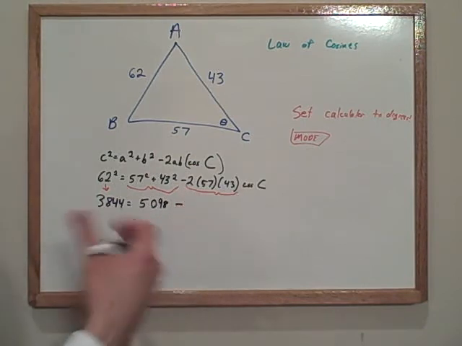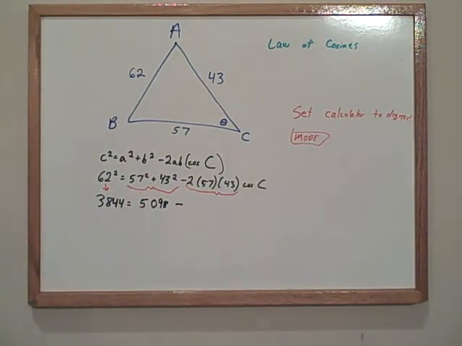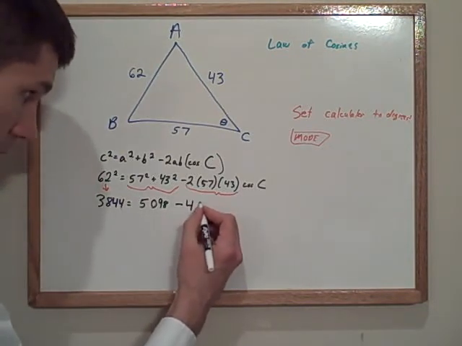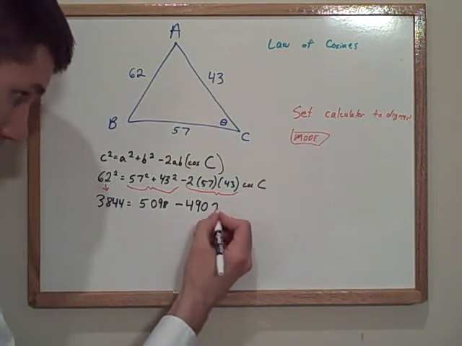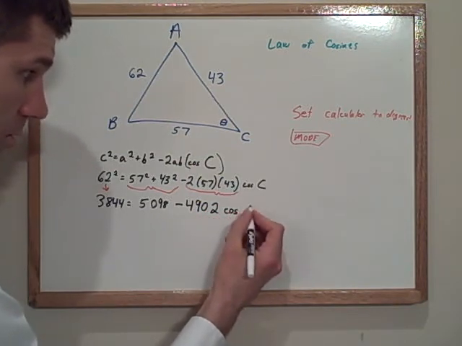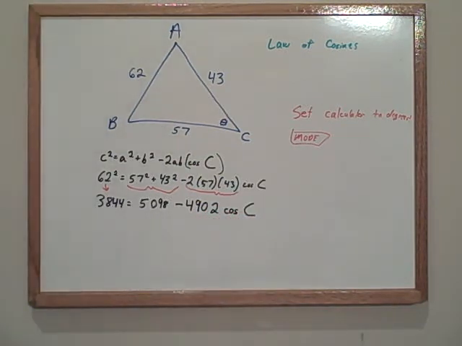And then that piece with the cosine C attached at the end of it on our paper is going to be negative 2 times 57 times 43. 4902. Cosine big C.